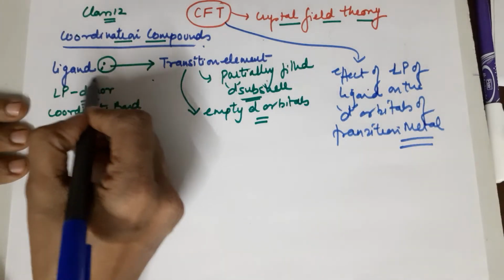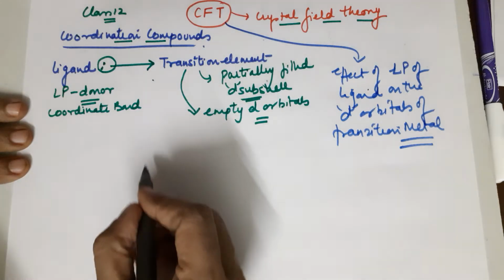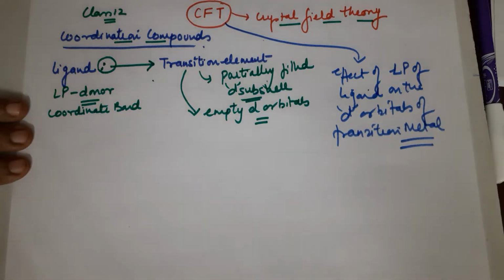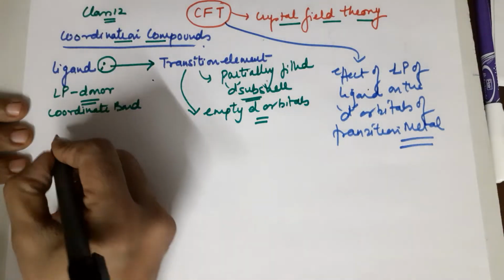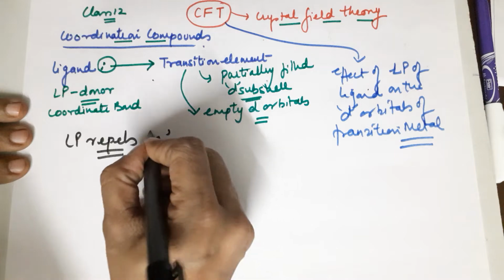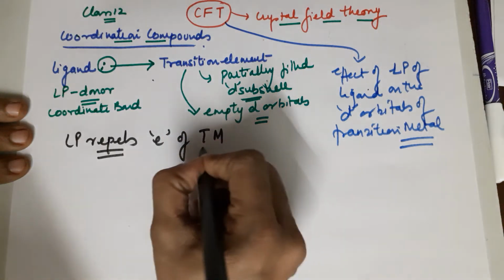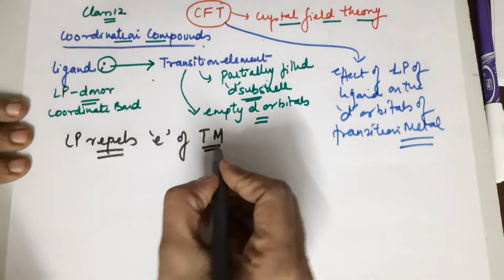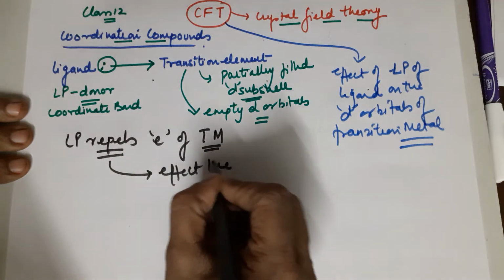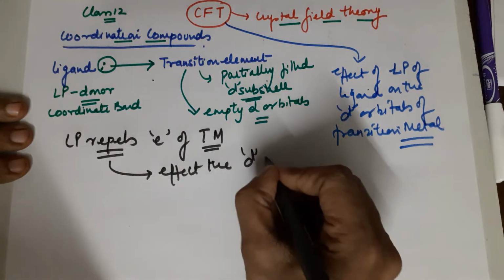How does this lone pair affect the d orbital of transition metal? Actually, what we are trying to say is that the lone pair repels electrons of the transition metal. Hence, it affects the D subshell.